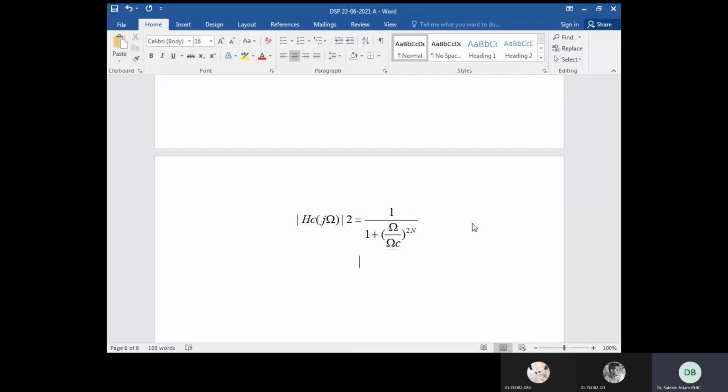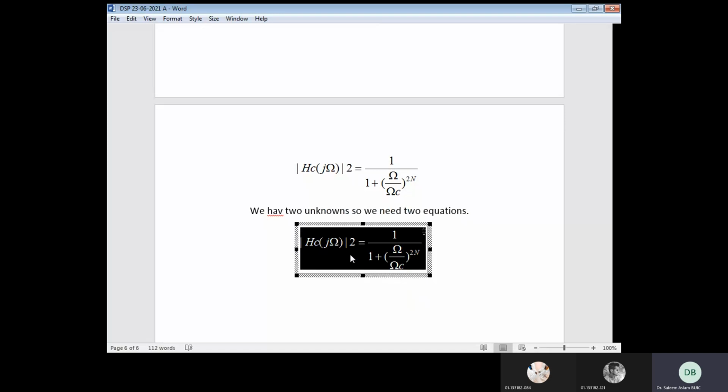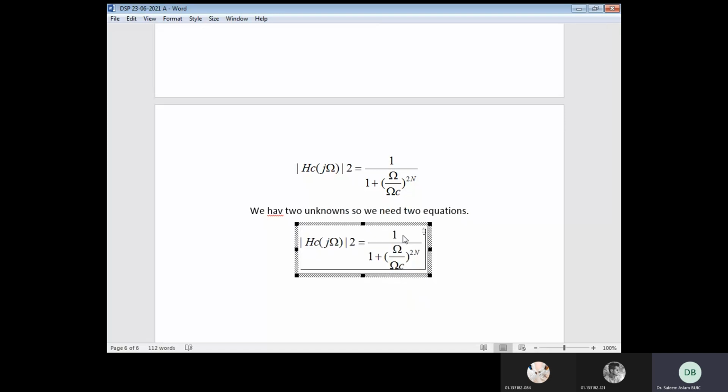Let me help you make 2 equations. We have 2 unknowns, so we need 2 equations. So let's first form the equation. How can you make this equation? Just replace this omega with omega pass. Wherever you have the continuous omega, replace it with omega pass.